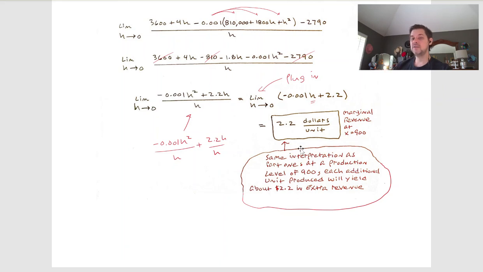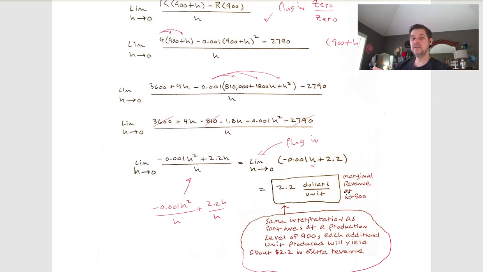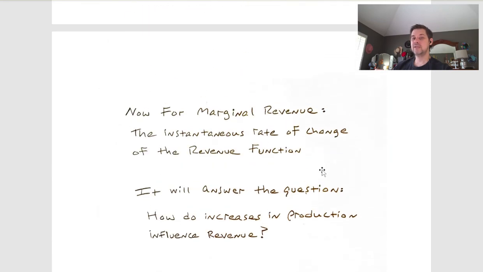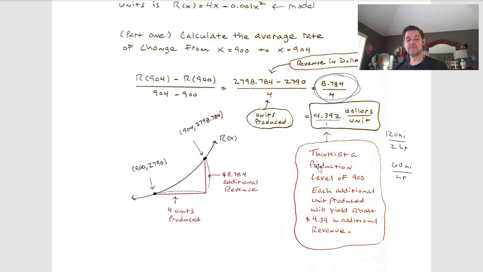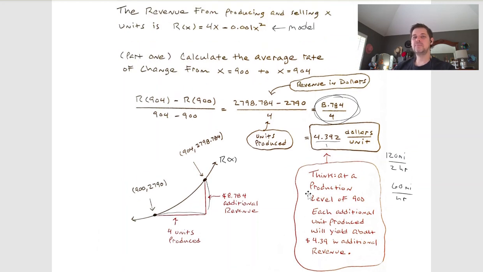How do you interpret the number you get when you calculate the marginal revenue or the instantaneous rate of change versus the average rate of change? That's all here in the notes on the video. It's all been included, but there are some dots that you have to connect. So that will take a little more thinking, but if you want to learn the level of mathematics that most economists use to explain their reasoning, then this is it.